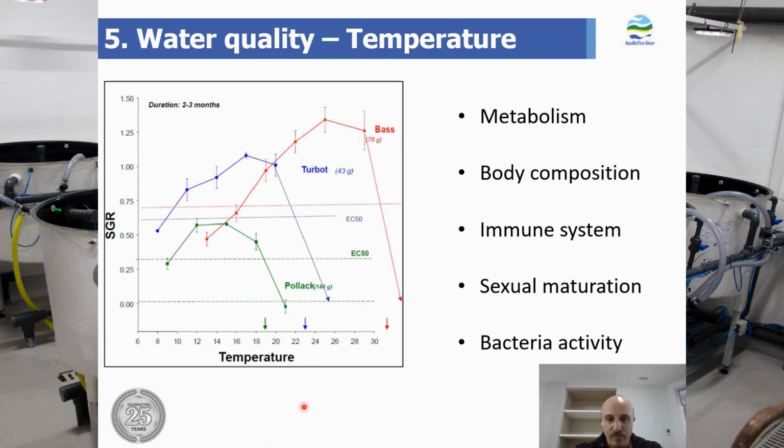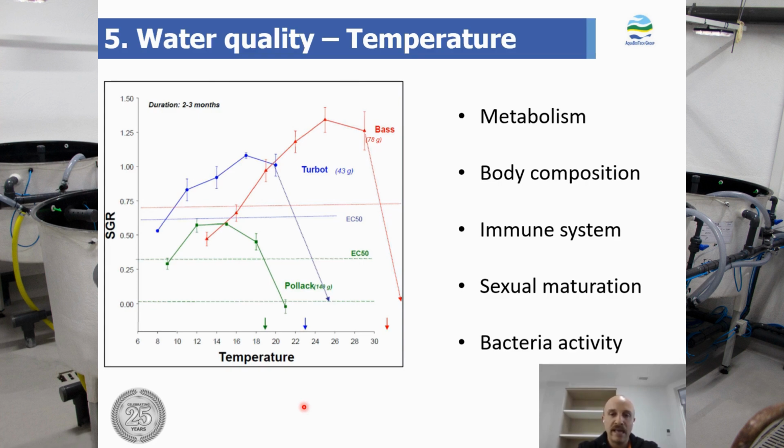I mentioned water temperature. Now, water temperature is impacting a lot of aspects. It's influencing the metabolism of fish, but also bacteria. It is impacting the body composition of our fish. It can harm the immune system of the fish. It has a strong relationship with the sexual maturation of certain species, which is triggered by different seasons.